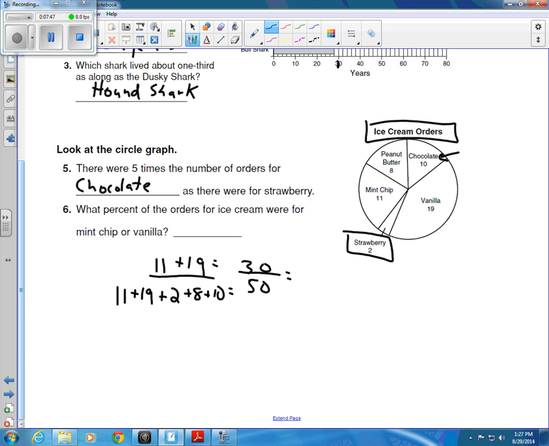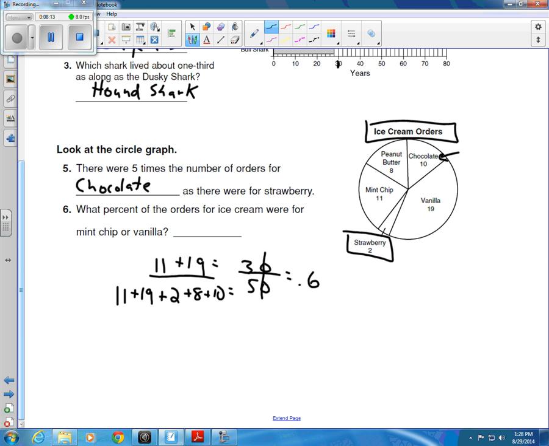Now, this is a fraction, not a percent, but that's all right because it's very easy to go from one to the other. First of all, if I have 30 over 50, it's very easy to take a 10 off the top and the bottom by simply crossing out the zeros. 30 divided by 10 is 3. 50 divided by 10 is 5. 3/5 is one of those fractions that we should be able to recognize as a percent right away. If I were to take 3 divided by 5, I'm going to get 0.6, which is our answer as a decimal.